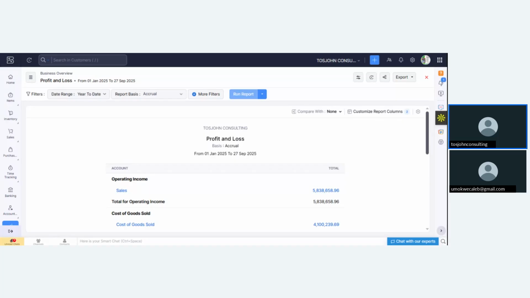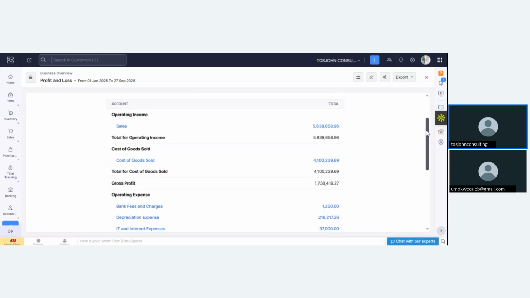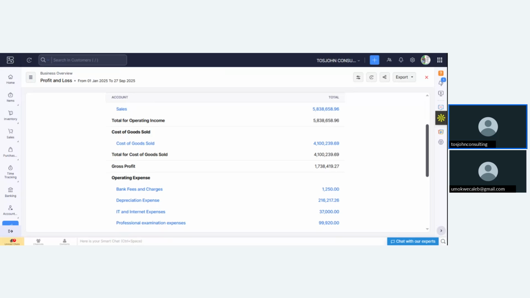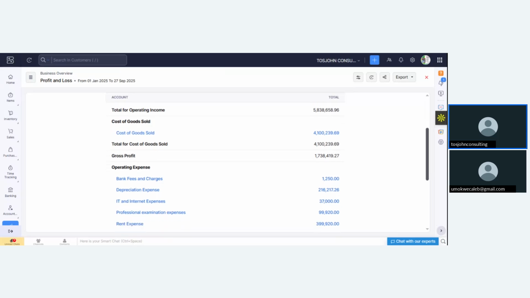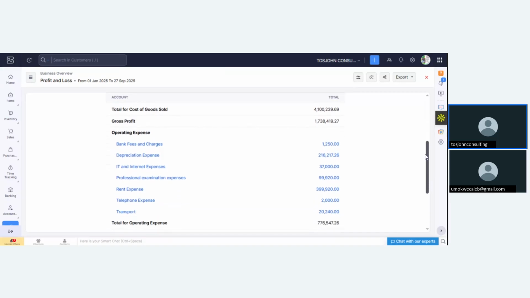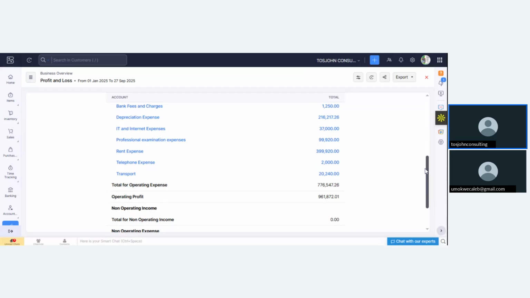Then from sales, you subtract your cost of goods sold, and then you get your gross profit. Then you subtract all your operating expenses, all the expenses that you've incurred in running the business.